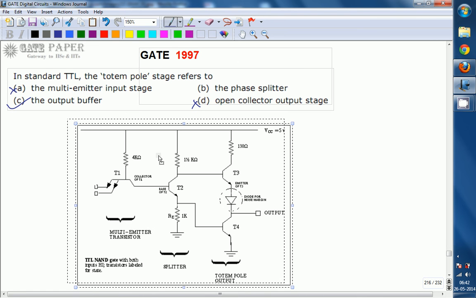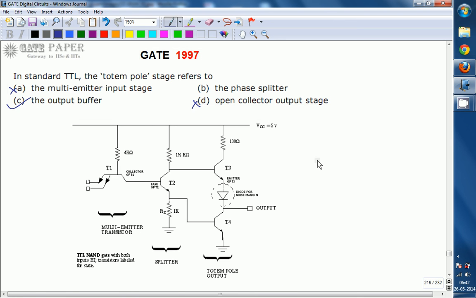So this is going to be a simple two input NAND gate. The basic gate for TTL is nothing but the NAND gate. So this is a two input NAND gate with totem pole outputs.